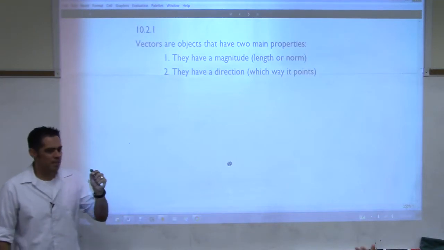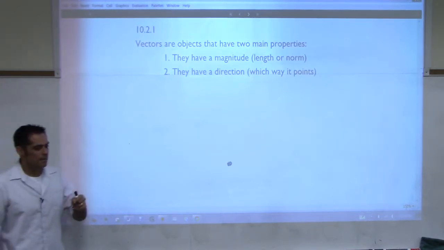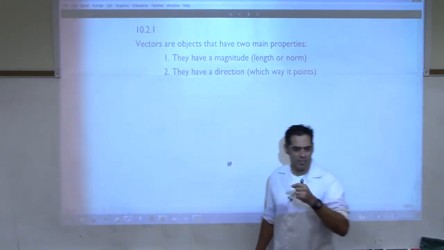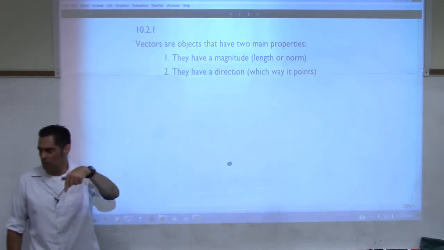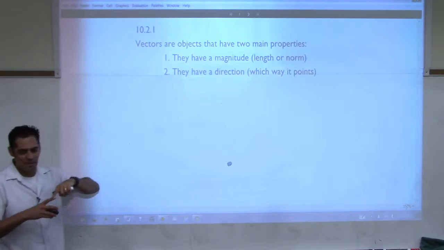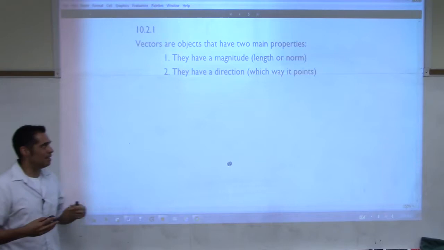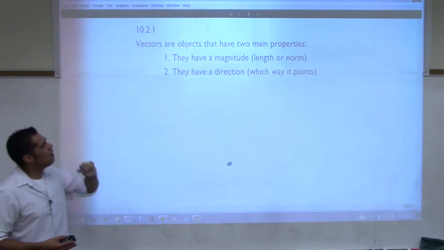In linear algebra, you may have learned that functions can be vectors. In our world right now, we're going to look at vectors as being this arrow thing, but in more general terms, it can be a lot more than that. So I'm going to say they're objects that have two properties.